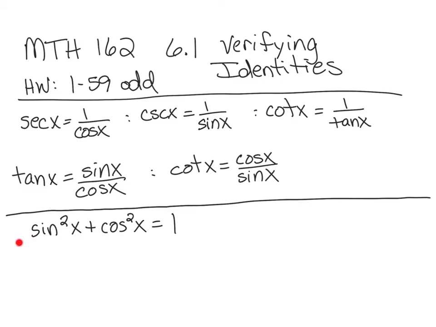If I divide everything by sine squared, I get 1 plus cotangent squared equals cosecant squared. If I divide everybody by cosine squared, I get tangent squared plus 1 equals secant squared. So because we're going to be changing everything to sines and cosines, you don't use these as much, but it is still good to know them and practice them.